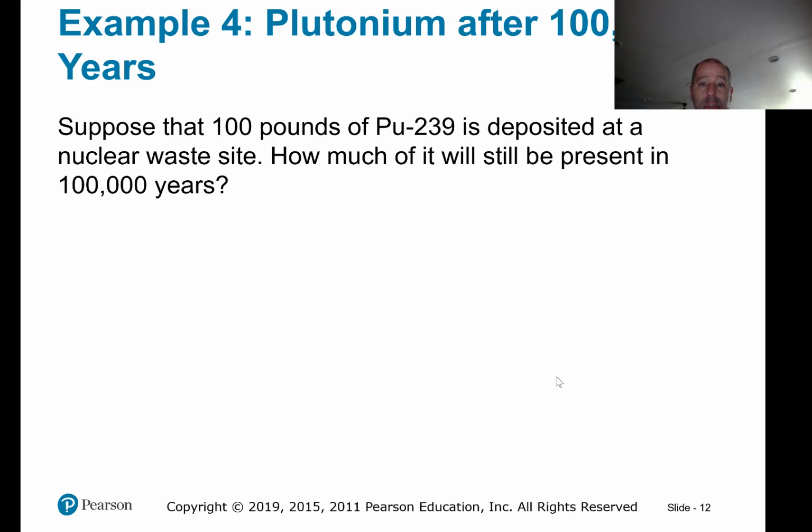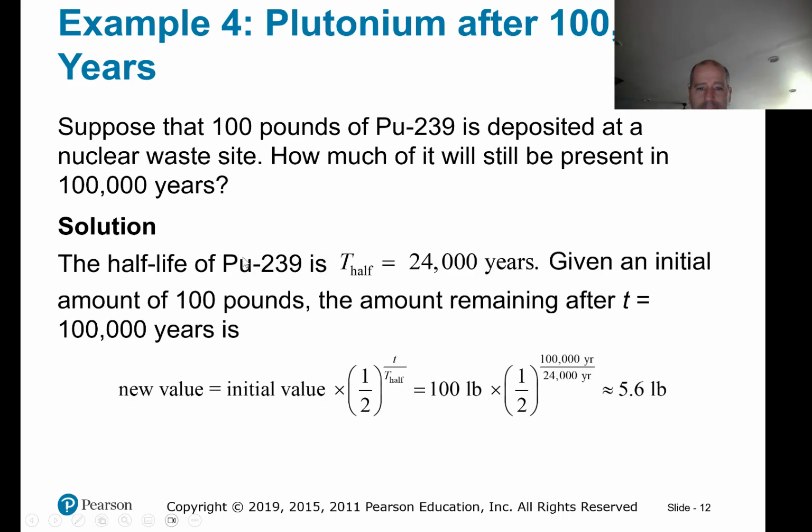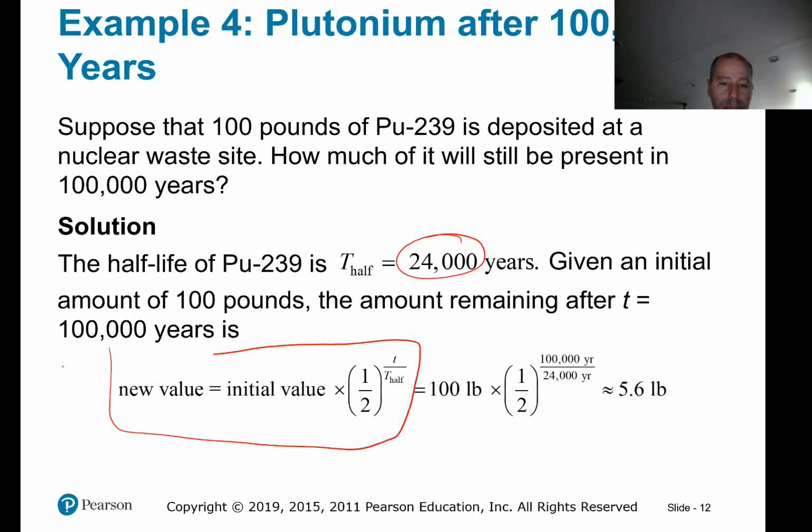All right, now let's look at plutonium. Plutonium-239 has a much different half-life. So if we have 100 pounds of plutonium-239 deposited in a nuclear waste site, how much of it will still be present in 100,000 years? Well, let's look at the half-life. The half-life is 24,000 years for plutonium-239. So if we have an initial amount of 100 pounds, then all we have to do is use our formula and plug and chug.